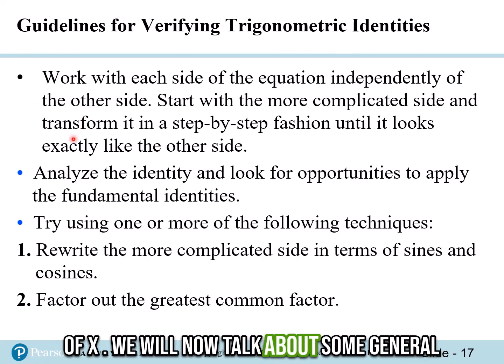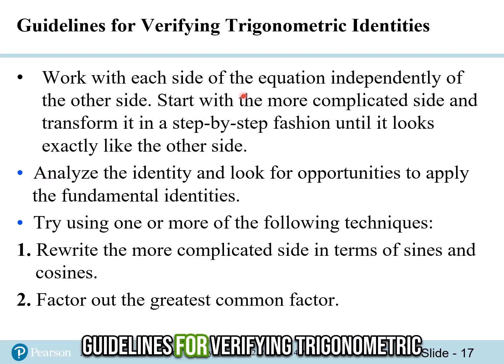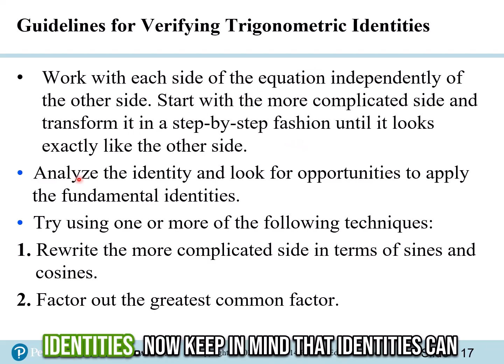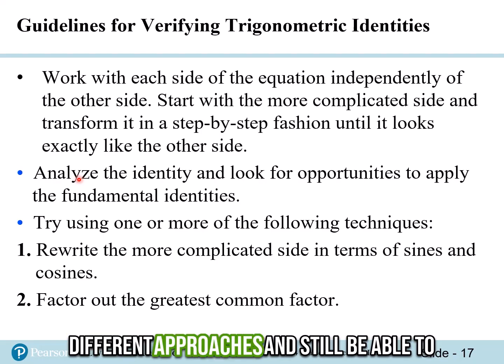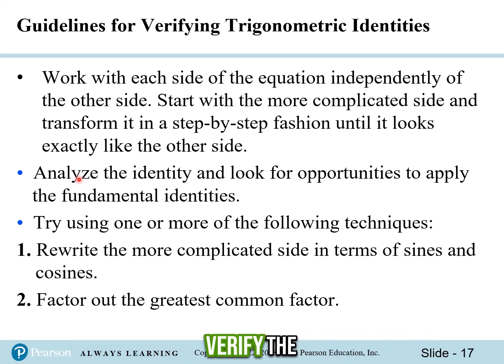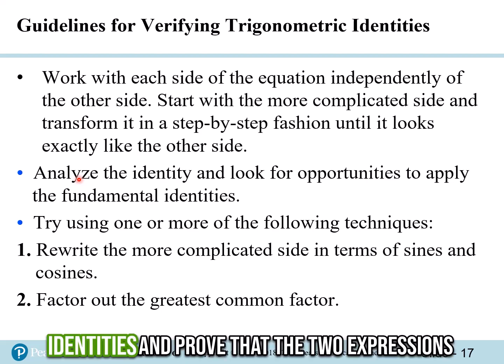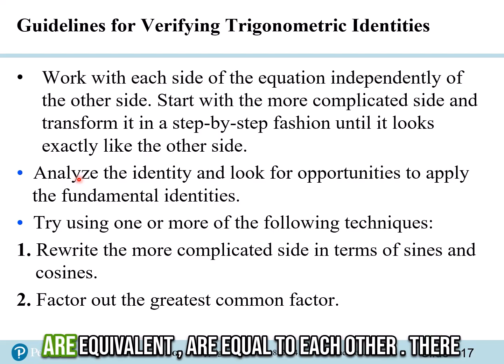We will now talk about some general guidelines for verifying trigonometric identities. Now keep in mind that identities can be verified in different ways. People can take different approaches and still be able to verify the identities and prove that the two expressions are equivalent, are equal to each other.